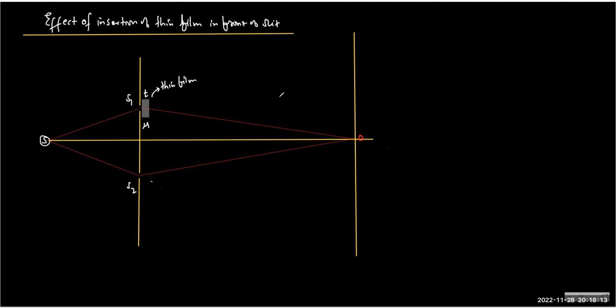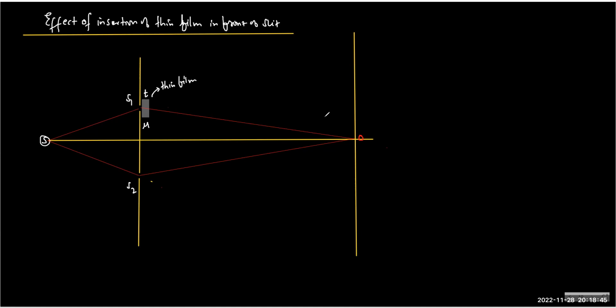Yes. Now this is the thin film. Now if you go to O, up to S1, S2, I don't see any difference on the left side. Correct? Okay, sir. But if you start from S1 to O and S2 to O, geometrically they are the same, but are they equal in the optical sense? Optically, are they equivalent? No, sir. The light will take more time to go from which path?